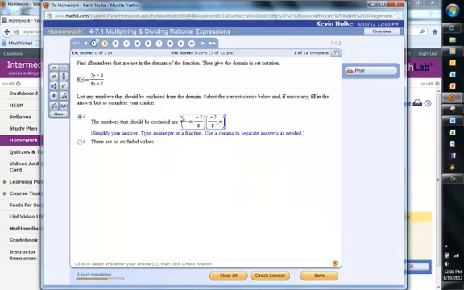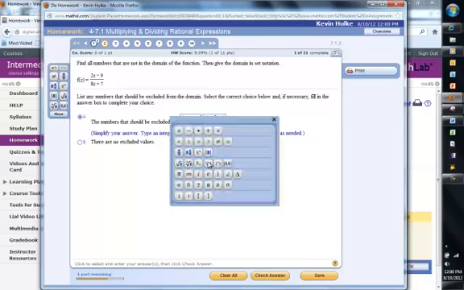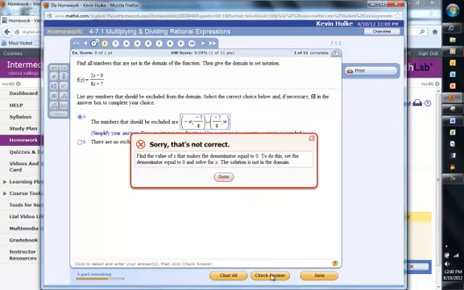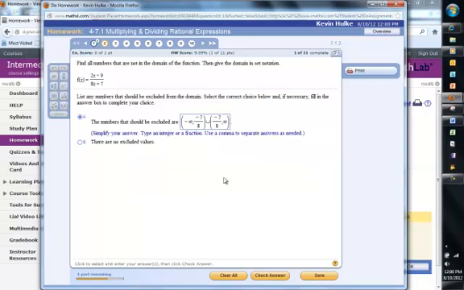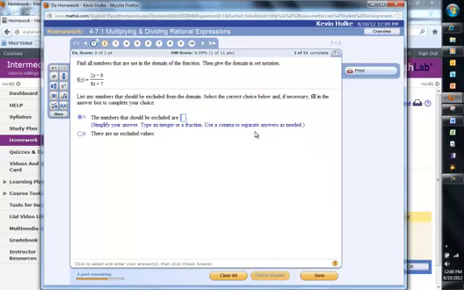And we need to put the or symbol between them. Oh, it doesn't want interval notation, it just wants the numbers that are excluded. I should have read the question carefully.